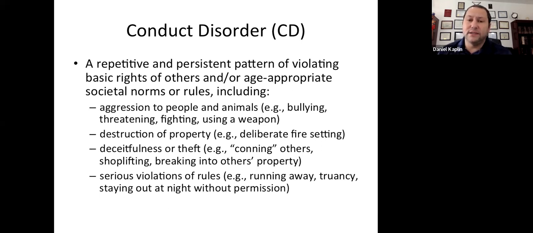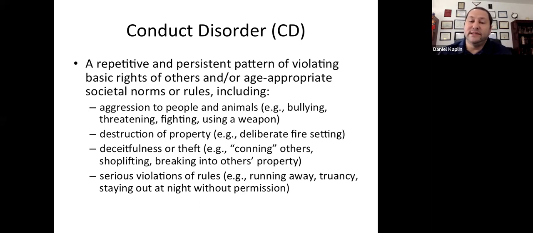Whereas conduct disorder, this is more of a violation of the basic rights of another person or disregarding standard rules of society. So in addition to defying authority figures, there might be aggression towards people or animals, such as bullying or cyberbullying or threatening or fighting or torturing animals.